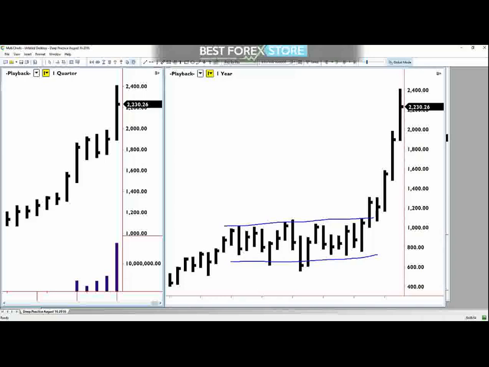Now, Brian's added some comments here. Let's see what he says. Long-term trading range with no real signs of weakness on the yearly. Range includes a spring and lots of strong closes.